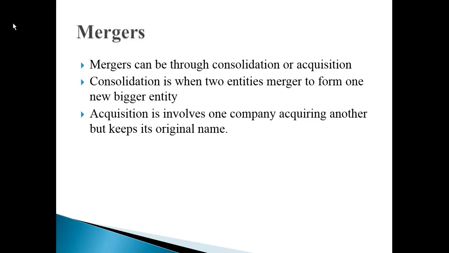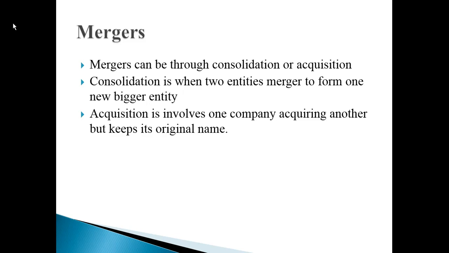So a merger can be through consolidation or acquisition. Consolidation is when two entities merge to form one new, bigger entity. Alright, so we're saying if there are two firms, A, B, C, and X, Y, Z, if they consolidate, they become one new company, okay?